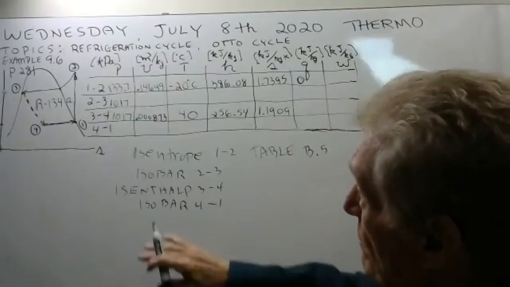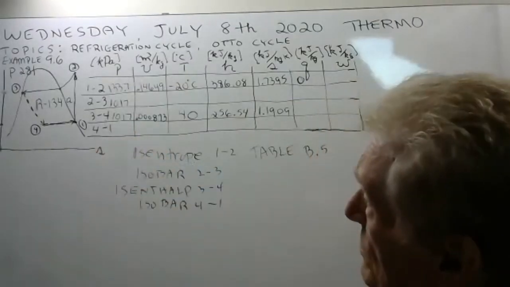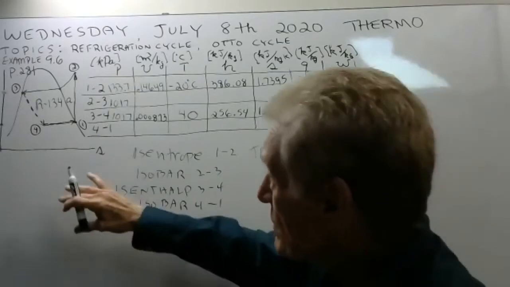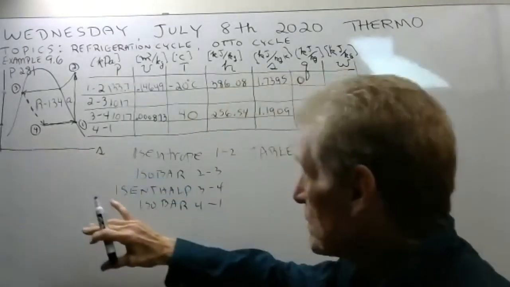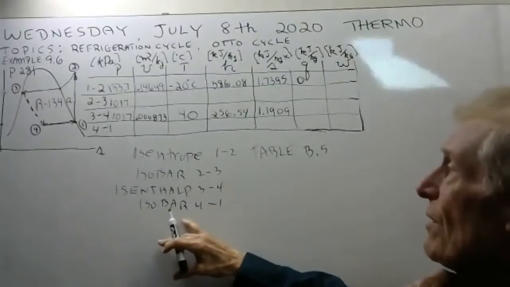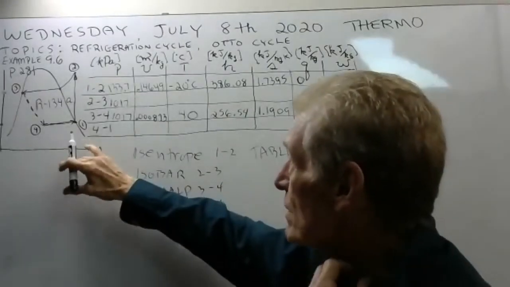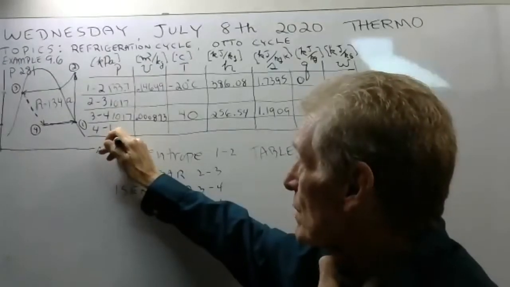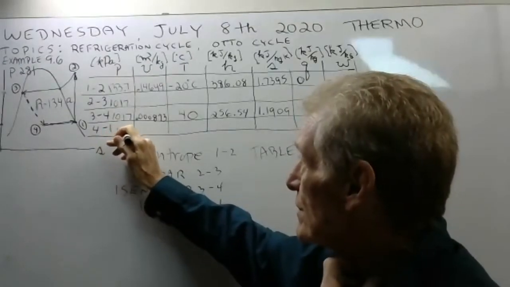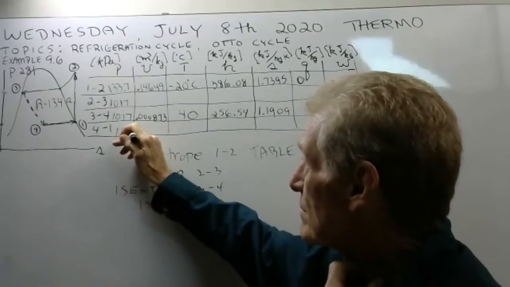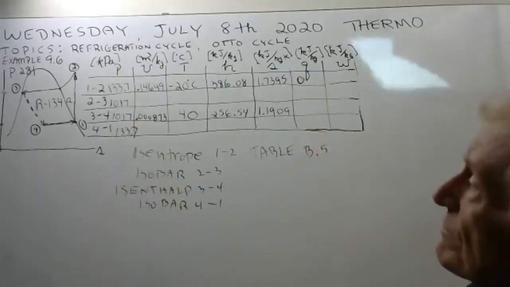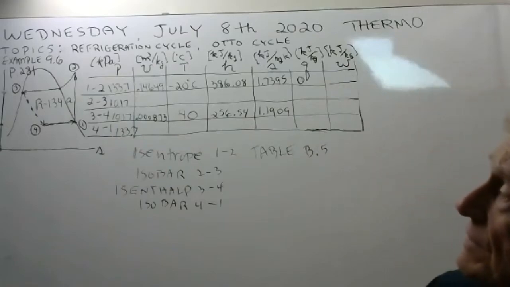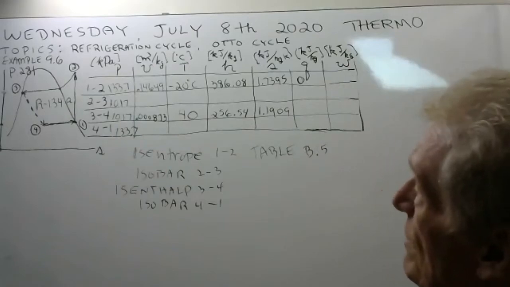what do we got here at state 4? Now, what do we know at state 4? Well, from 4 to 1 is an isobar, so it'll have the same pressure as well. Hey, you know what? This is going to have the 133.7, isn't it? There you go. So we got the pressure. What about the temperature?